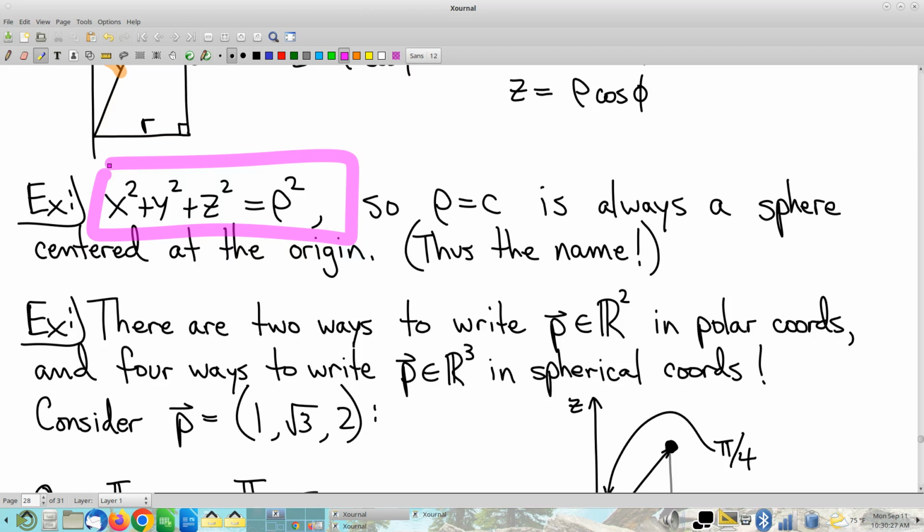And so rho equals c. Also pretty easy to motivate geometrically. Rho being, at least as long as c is positive, distance to the origin, this just says distance to the origin is constant. And so, of course, sphere. All right. And thus the name spherical coordinates.